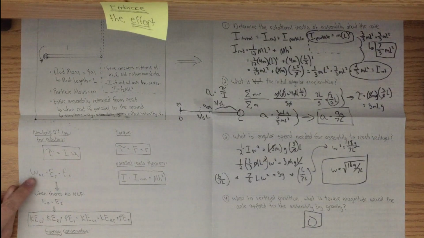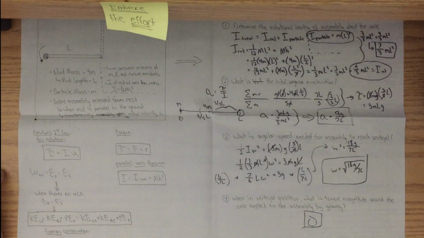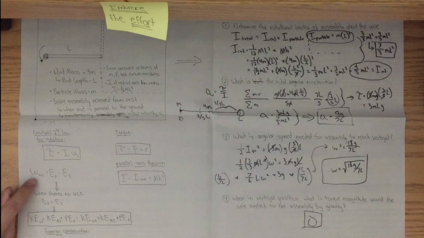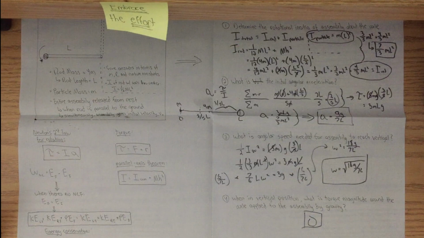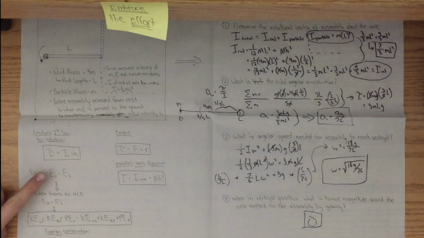And there's this important equation that's worth understanding, and you can pause this video if this doesn't make sense. But essentially, the work done by non-conservative forces, things like friction, air drag, things that are taking away from the movement of the system and things that care about the path of motion, has to equal the final energy within a system minus the initial energy within a system.